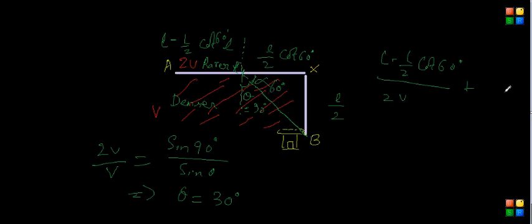This will be nothing but L by 2 cosec 60, and this will be divided by velocity v, and this is our t minimum. This is the minimum time that a person will take to reach point B from point A, given that he suffers a reduction in speed when he enters from one medium to another medium.